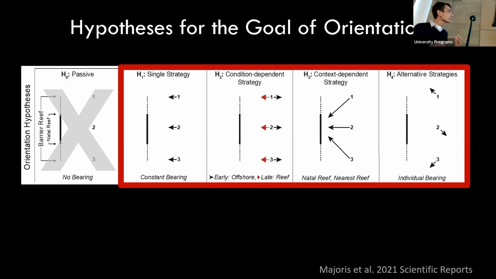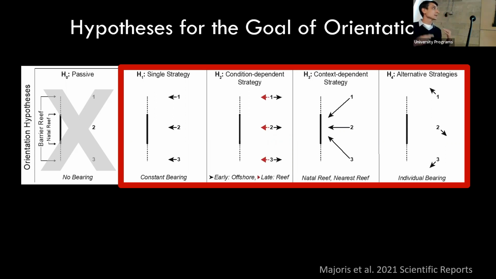Okay, and that leaves us with a lot of other hypotheses that can be really interesting, right? Larvae could employ a single strategy. For example, they may all be swimming towards the west in Belize, and that would carry them back towards the barrier reef. That would be a pretty easy strategy. They can employ a condition-dependent strategy. So for instance, they could swim offshore early in development and then back towards shore later in development.